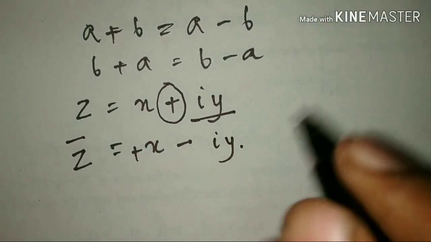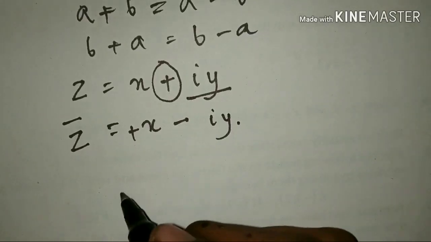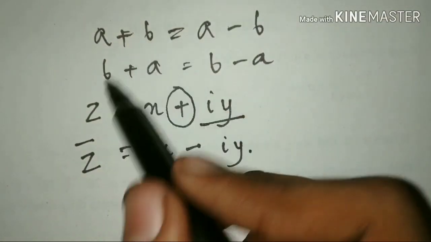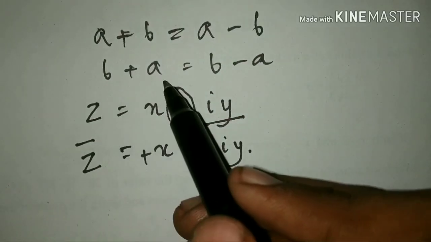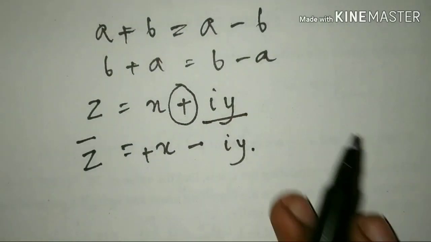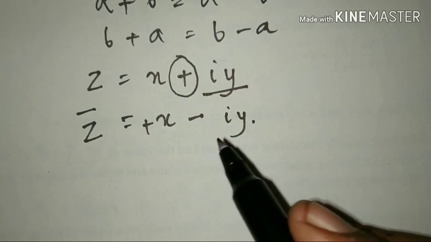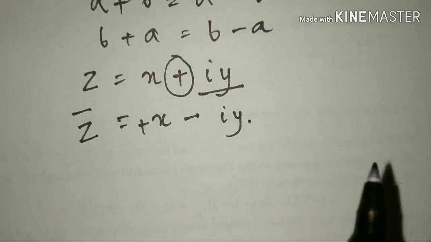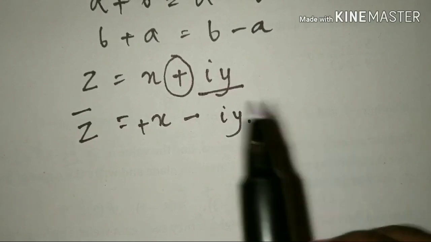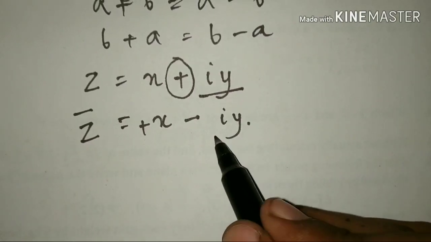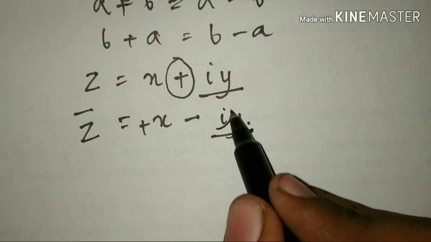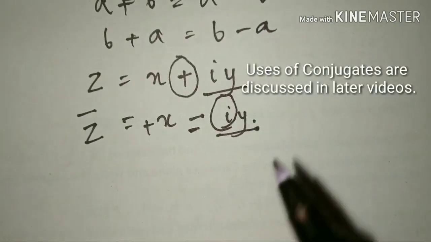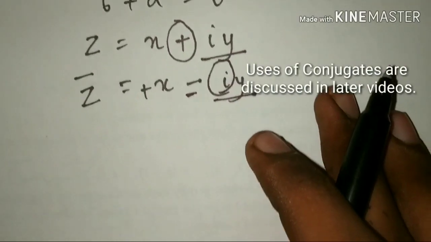Now remember, in the real number case, when we changed the order from a plus b to b plus a, the conjugate also changed. In this case it does not change. The minus sign of the conjugate of a complex number is always placed before the imaginary number. This is the imaginary number as it contains the i term here, so that's why we place the minus sign before it.